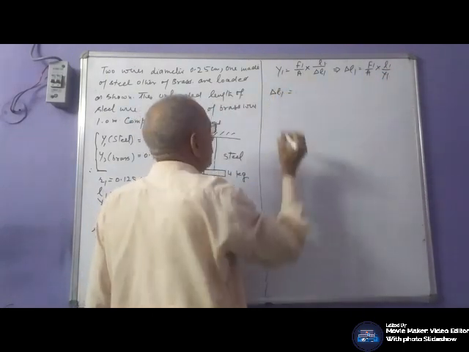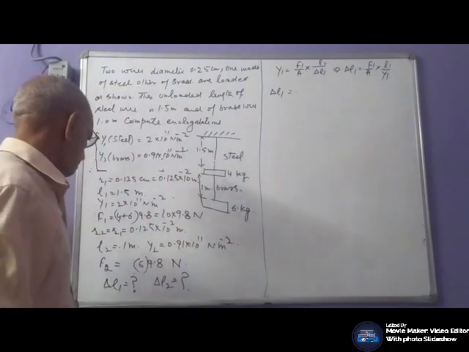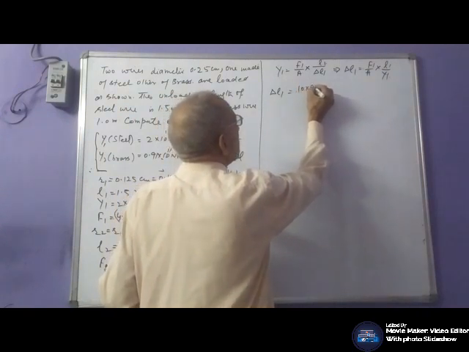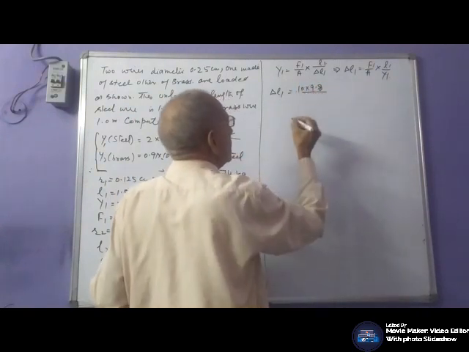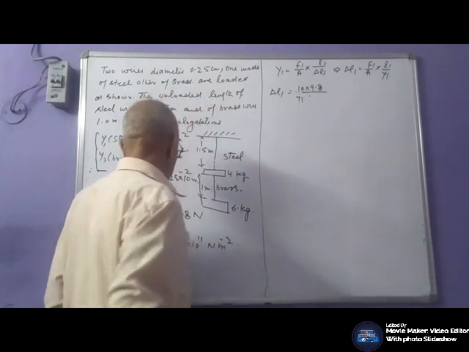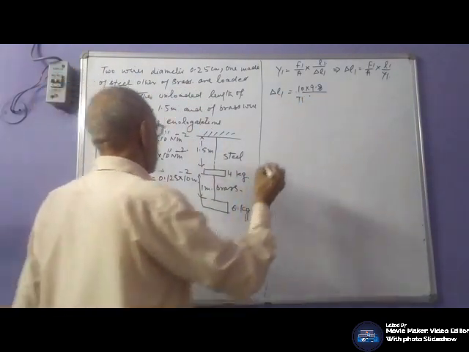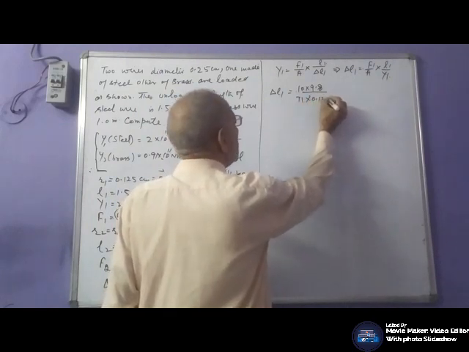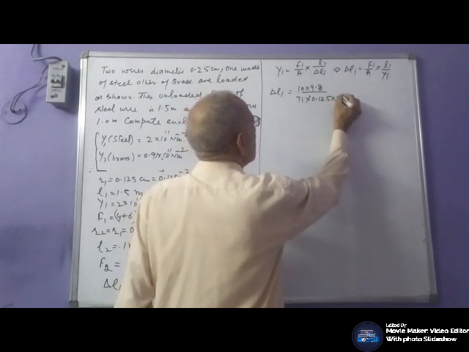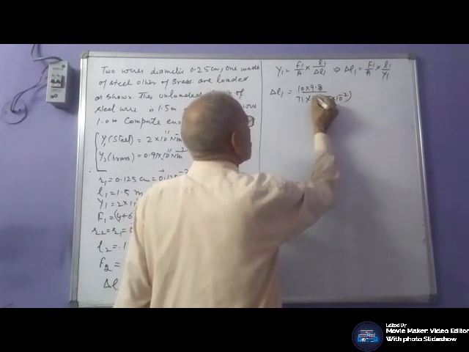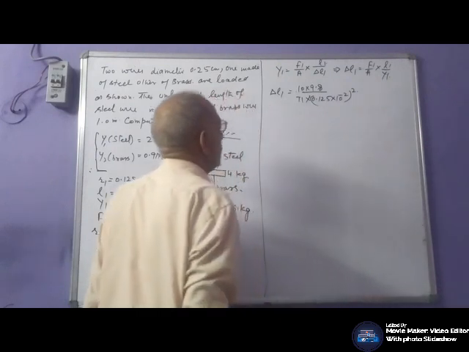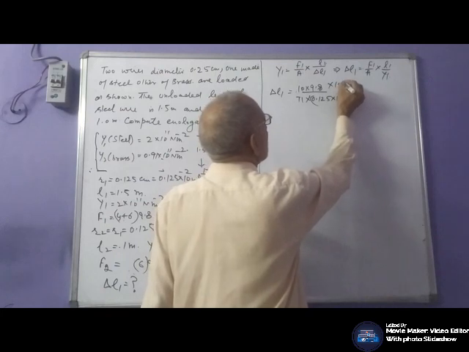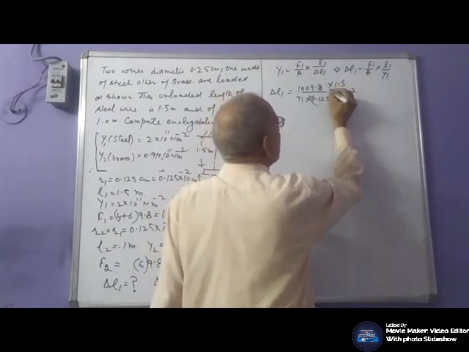Delta L1 is F1, 10 times 9.8, by A, pi R square, times L1, by Y1.